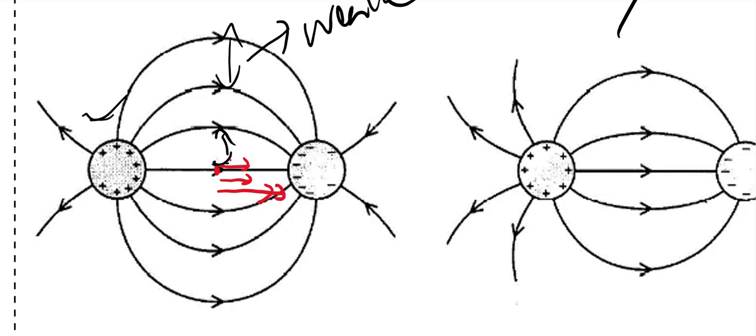What's the magnitude of each of these electric fields? The formula we learned earlier is 1 over 4 pi epsilon naught Q over R squared, where R is the distance from the center of the sphere, because I assume the sphere is a point source.